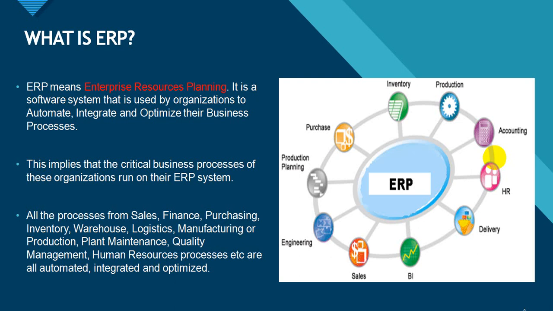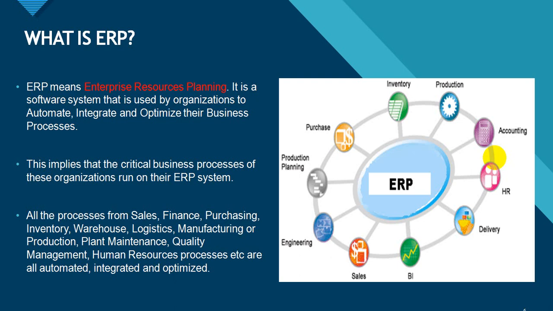So it's used to automate. Automate means that you're no longer using paper. All right, you are now using computer systems. Now, beyond that, it integrates the business processes and then optimizes it, which means you can do things faster, more convenient, and also more profitable.